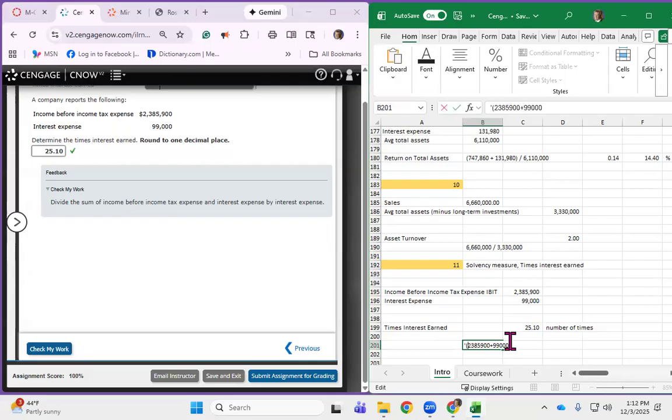And then we divide by the interest expense itself. So divide by 99,000. Let me put my decimals in here because I don't like big numbers without decimals. I can't read them very well. So there's the formula and the numbers we used to get this number right here.